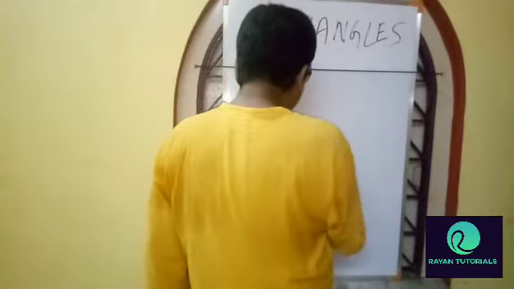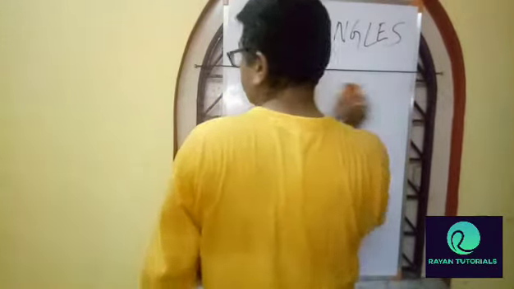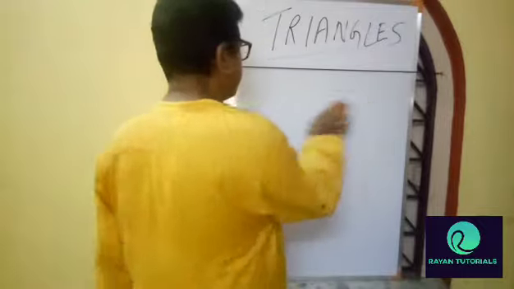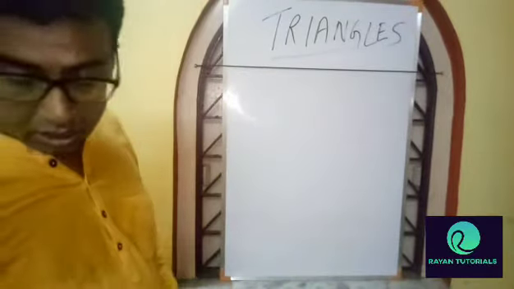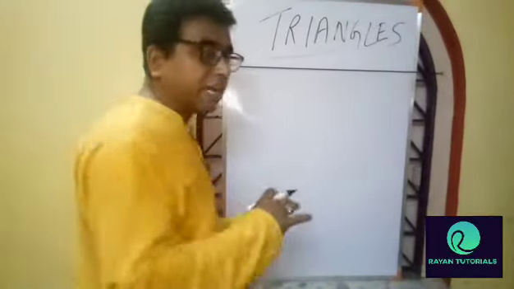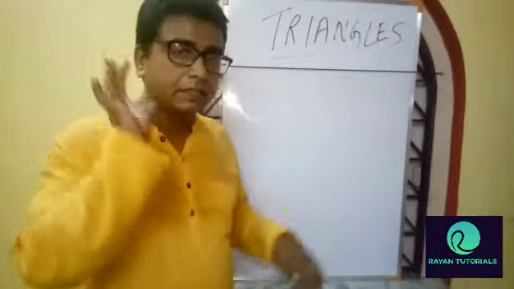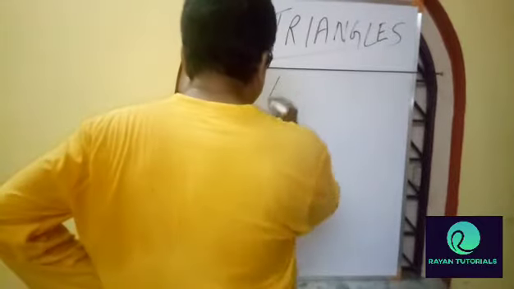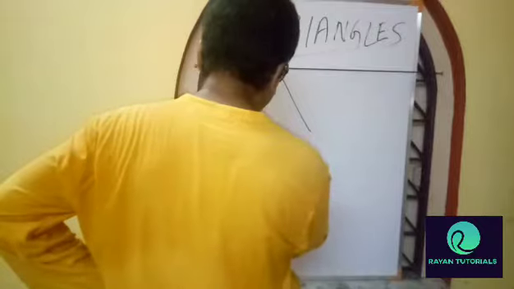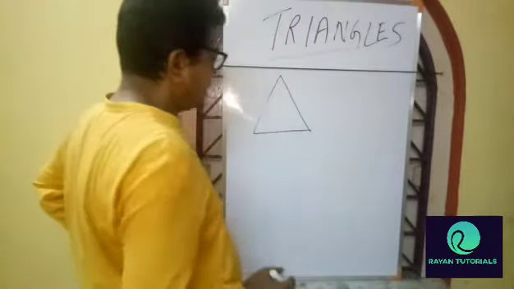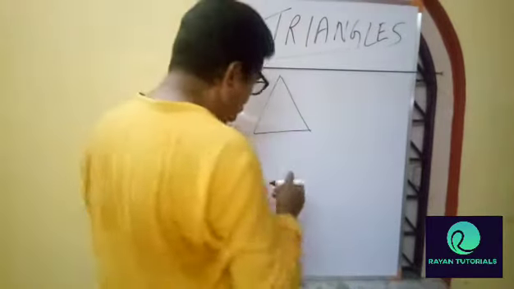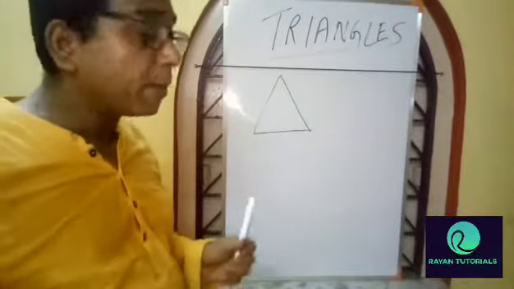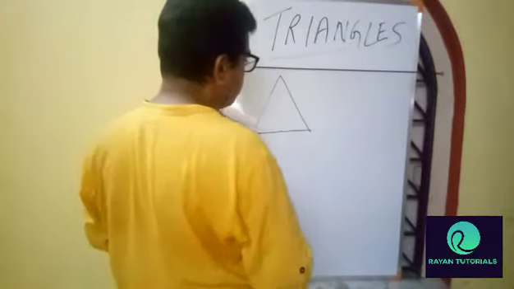Okay, two more things I would just like to finish before I end the class, because when I started triangles, I just wanted to complete it. Suppose this is a triangle. There is a thing called the midpoint theorem. Pythagoras theorem, all of you know?